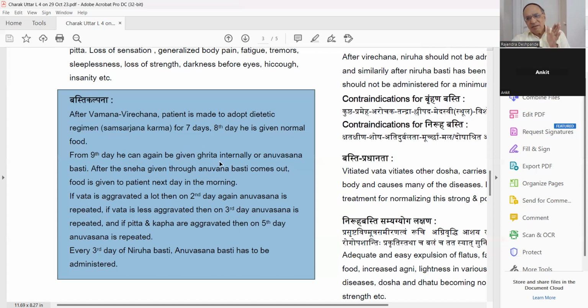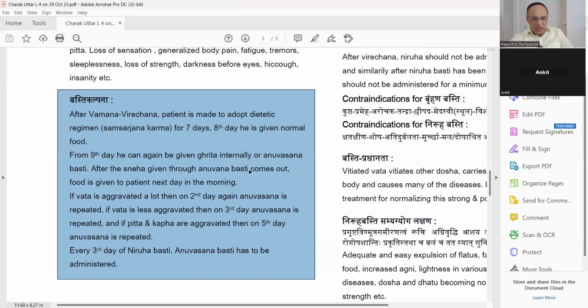Charak is explaining as if the doctor is giving first Vamana, then Virechana, then Basti. But nowadays, it is not done like that. I have explained 100 times. Some patients get Vamana, some get Virechana, some get Basti, but not sequentially; they have mentioned it at that time.